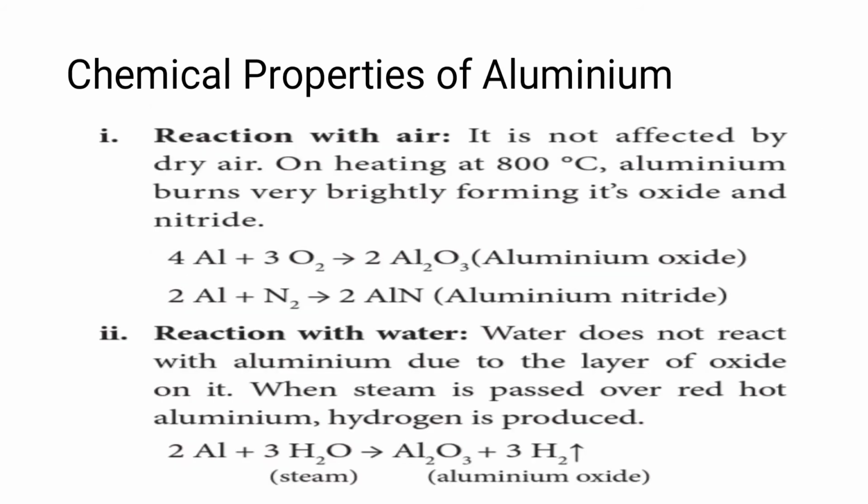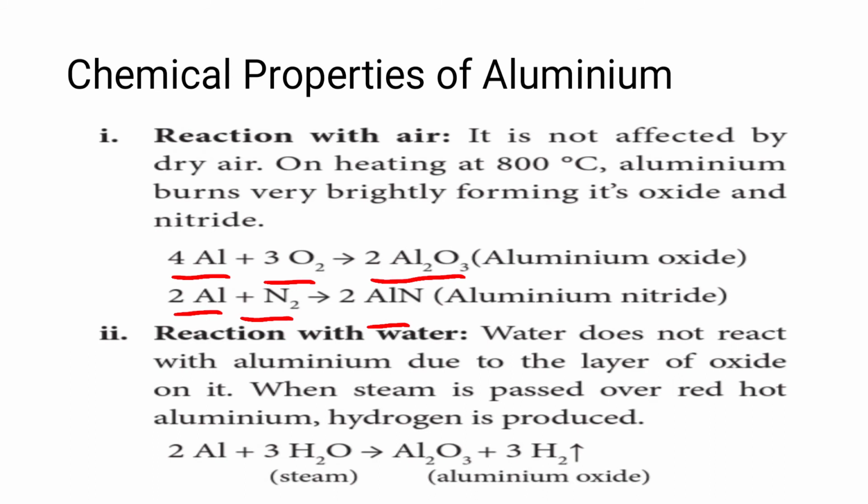Next we move on to the chemical properties of aluminium. Reaction with air. Aluminium reacts with oxygen to form aluminium oxide, and aluminium reacts with nitrogen to form aluminium nitride.